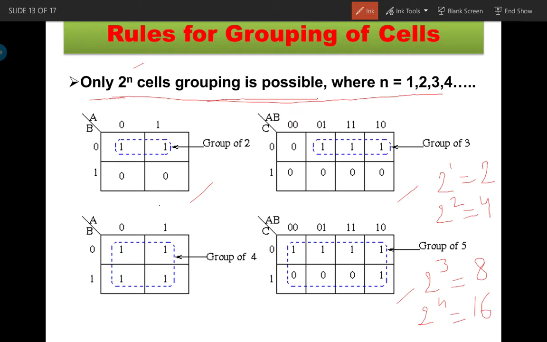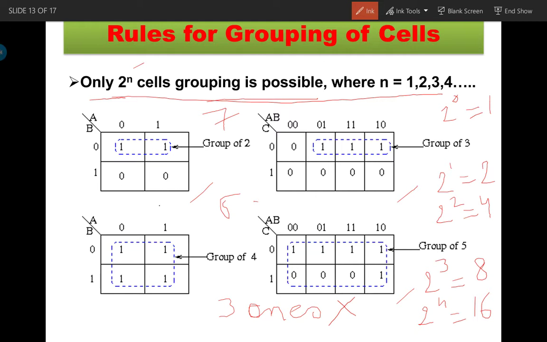So it means an even number of grouping is possible, an odd number of grouping is not possible, like a group of 3 ones is not possible, a group of 5 ones is not possible, a group of 7 ones is not possible. So only 2 raised to power n cells grouping is possible. 2 raised to power 0 is 1, so if it is a single one, it can be a group, right?